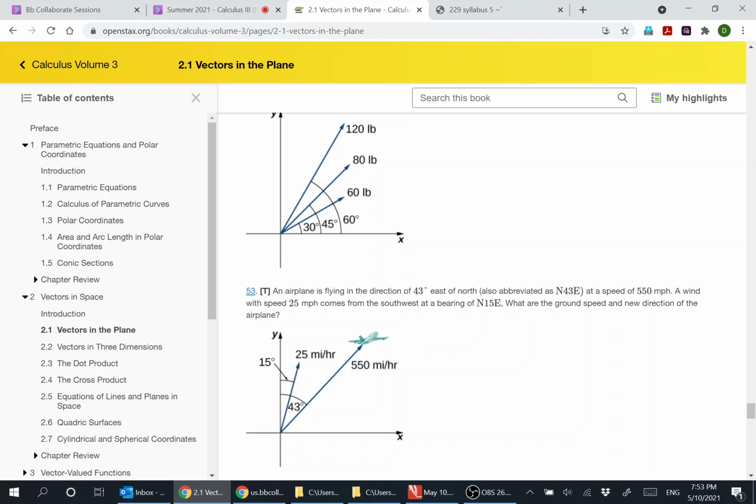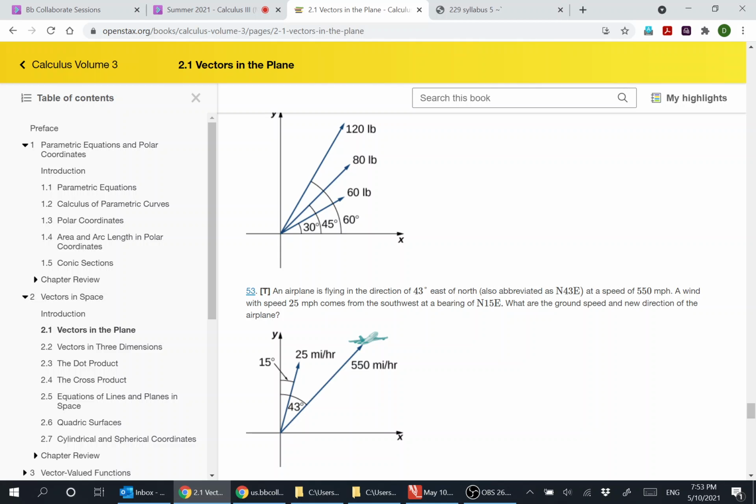So an airplane is flying in the direction of 43 degrees east of north, so I guess they mean like this, 43 degrees declining from north on the y-axis, at a speed of 550 miles an hour.